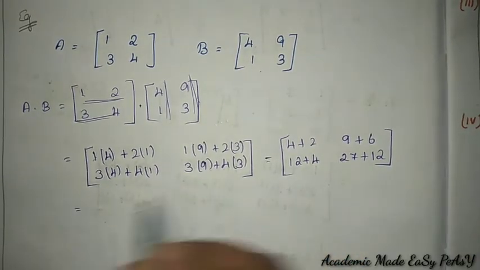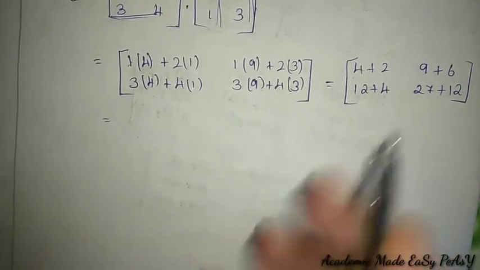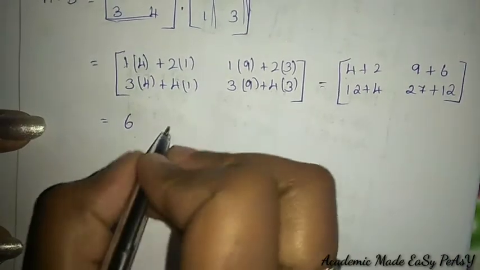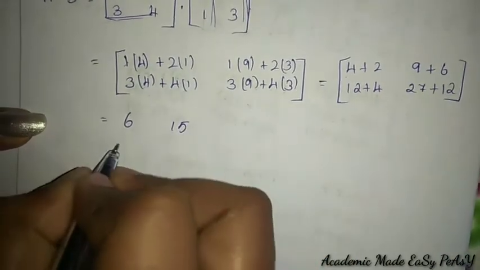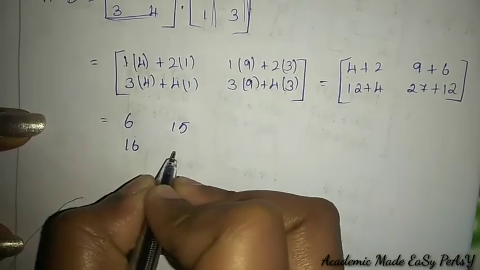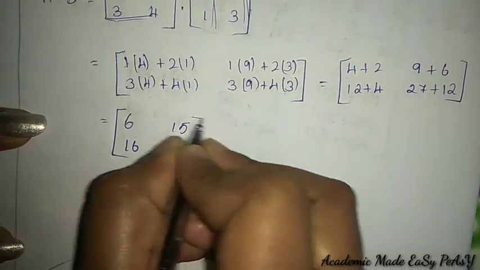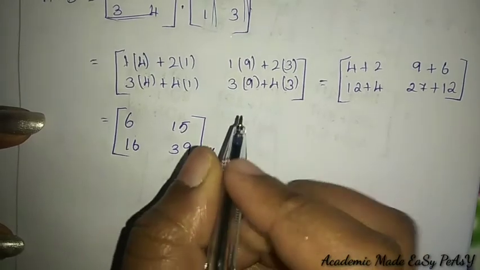So next, 4 plus 2 is 6, 9 plus 6 is 15, 12 plus 4 is 16, 27 plus 12 is 39. So this is the required matrix for A into B.